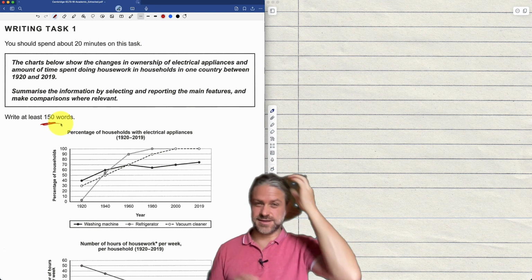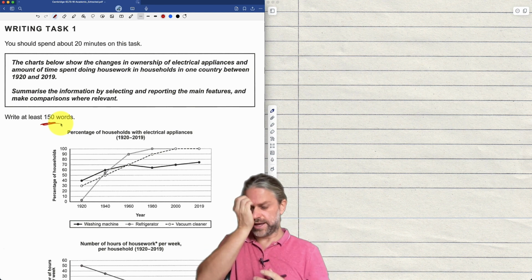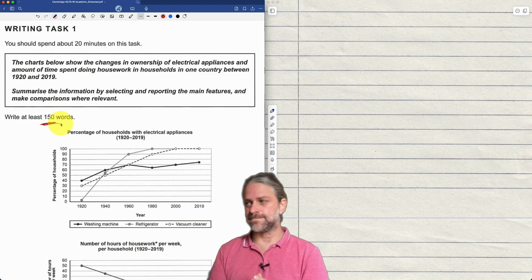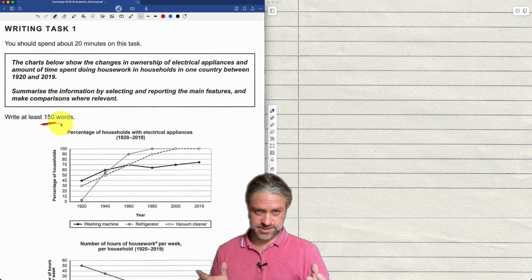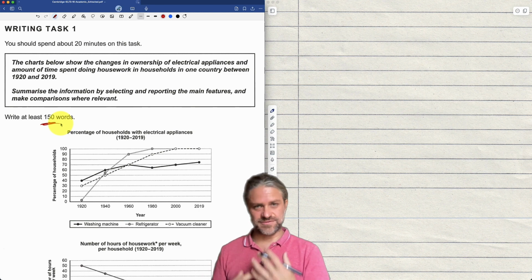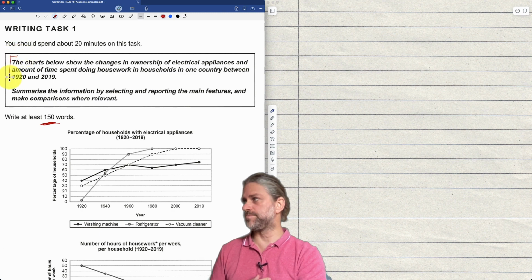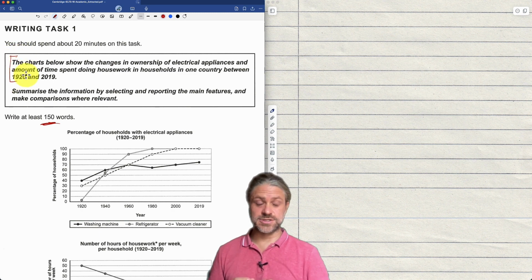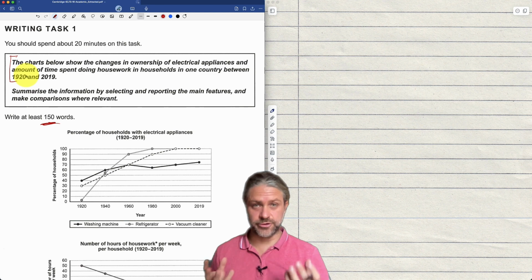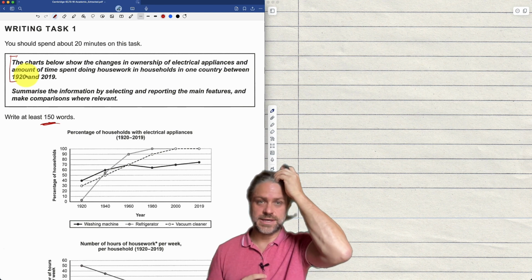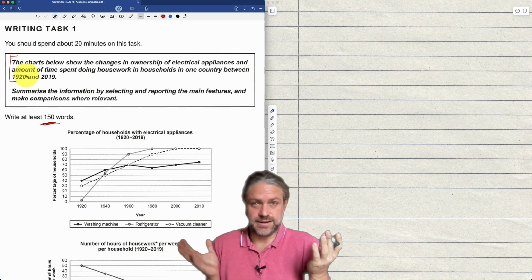Okay, so the first thing, when I first look at a task 1 of the writing, I'm going to look at the image, or the graph in this case, because that's what's giving us a lot of information. Yes, of course, you will be looking at the text as well, but our human brains are visual, we are not naturally reading.